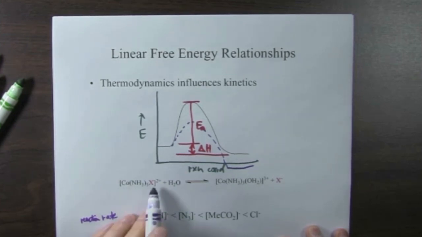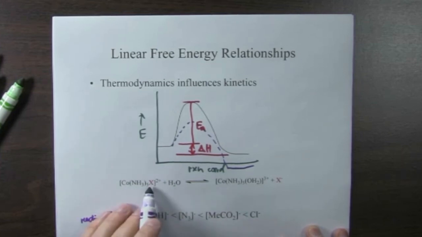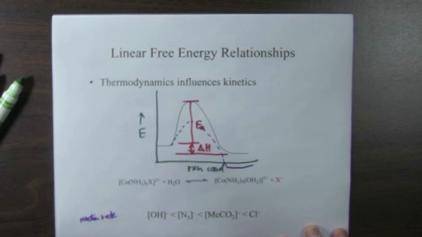So the hydroxide substitution, or the substitution of water for the hydroxide, is slower, for example, than the substitution of chloride as the leaving group.